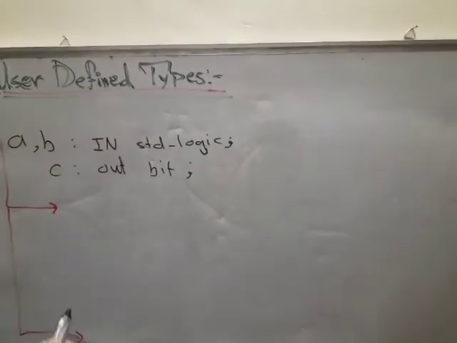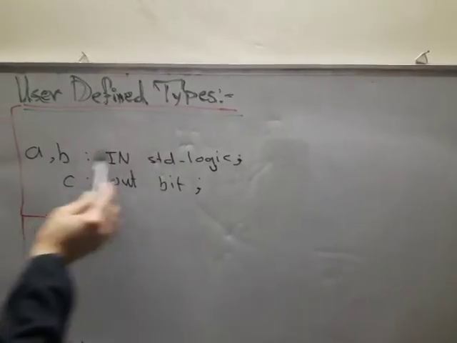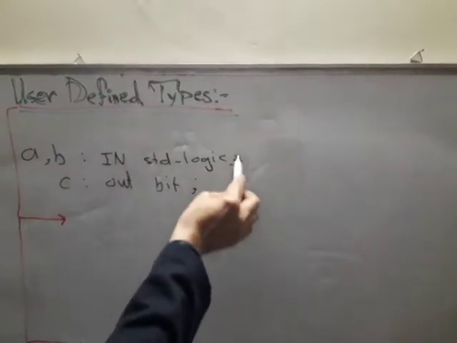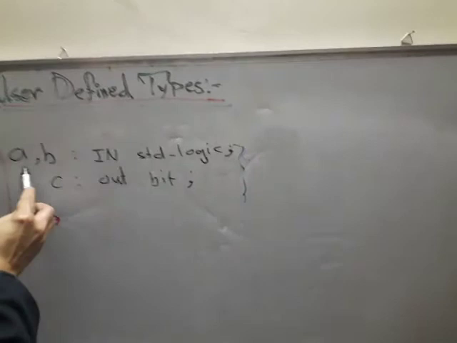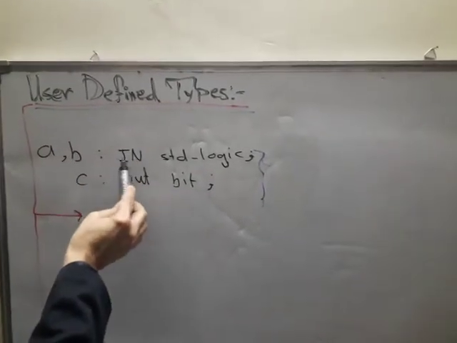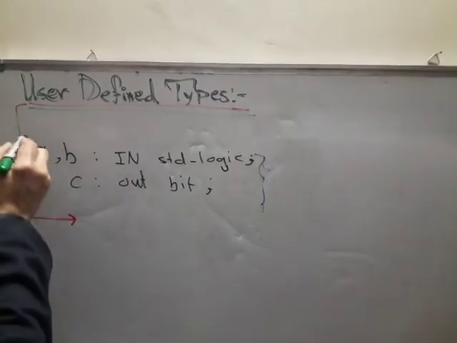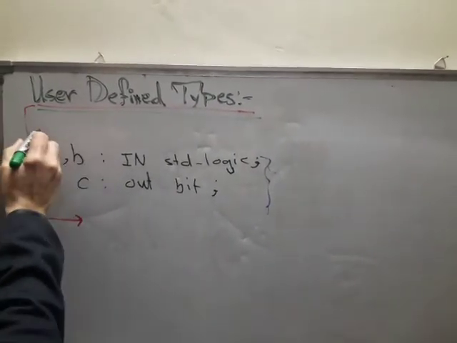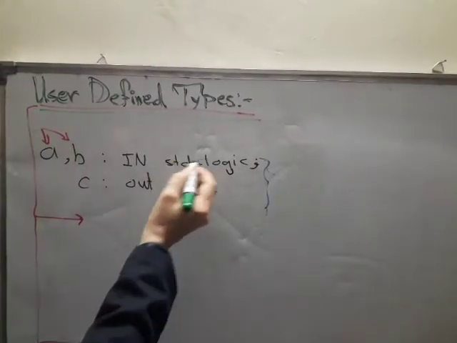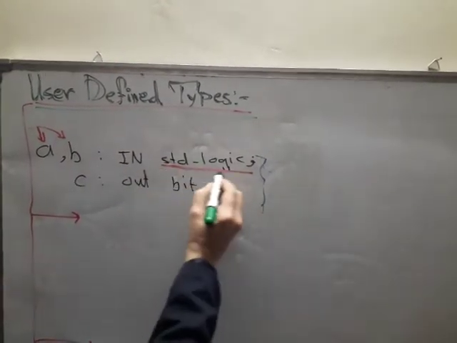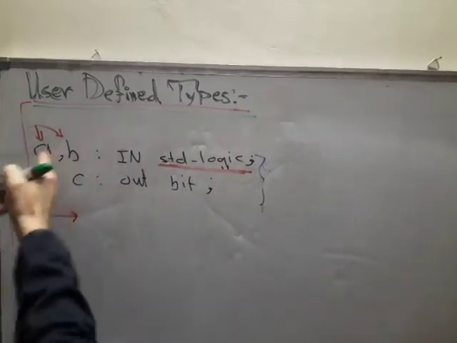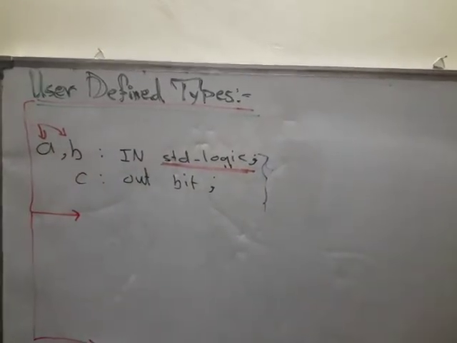Some of the defined types, as we said, are declared in these two statements. A and B are of type standard logic, so the data type of the signals A and B is standard logic.